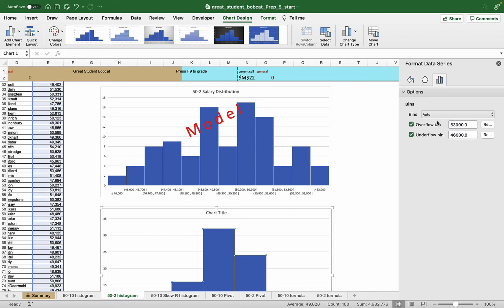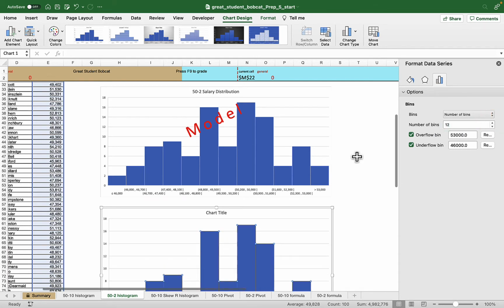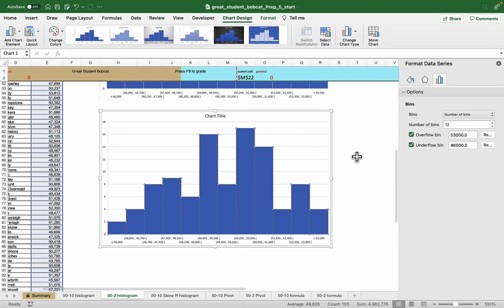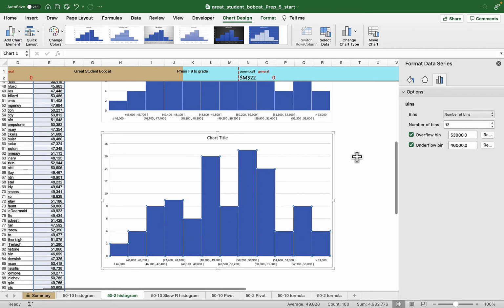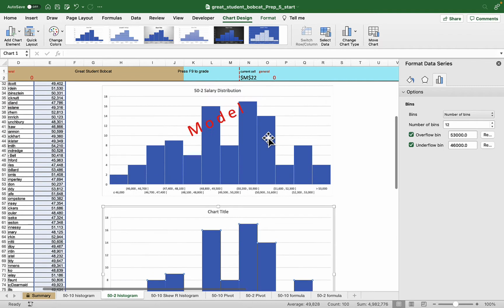And then we'll adjust the number of bins. How many? 1, 2, 3, 4, 5, 6, 7, 10, 11, 12. It looks like I matched it. Okay. And then change the chart title.